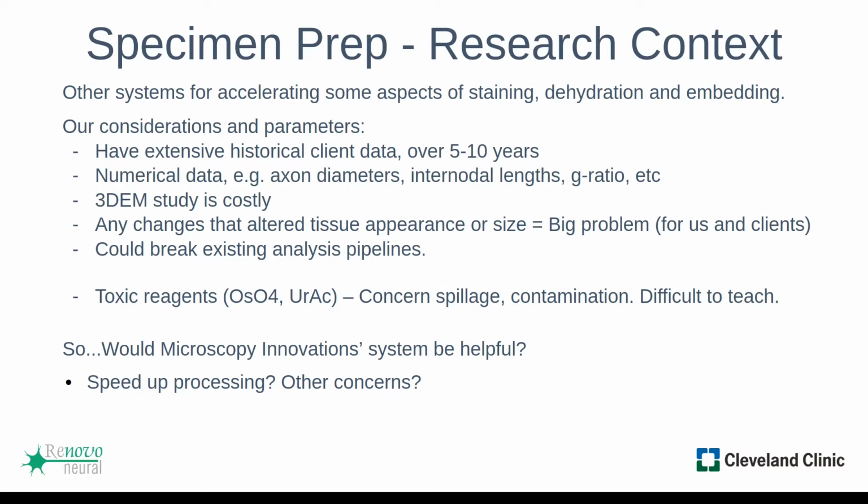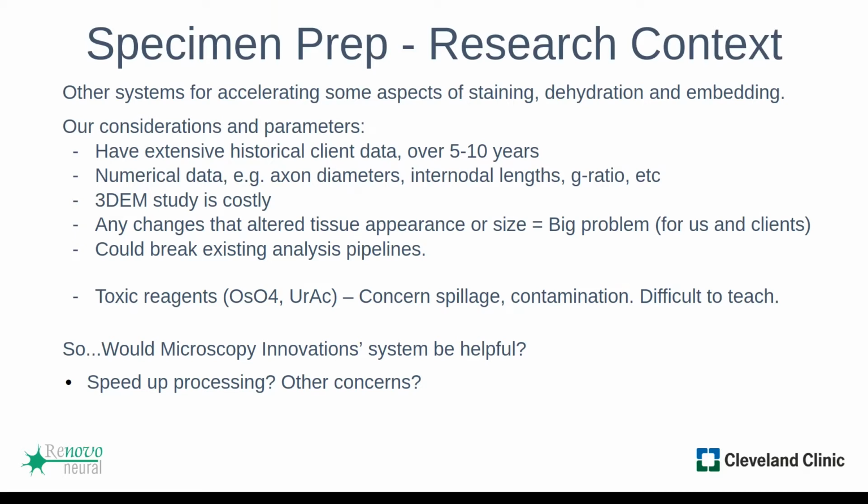Especially as a company, and even now as a core, we had clients who would return year after year from both academic labs and commercial companies. So we couldn't introduce automated staining approaches or any new methods that would render their historical data useless.